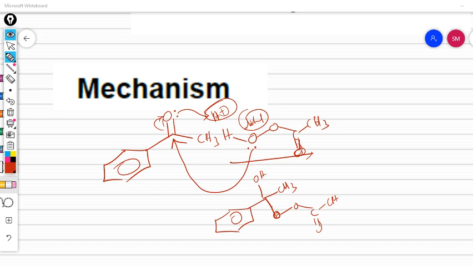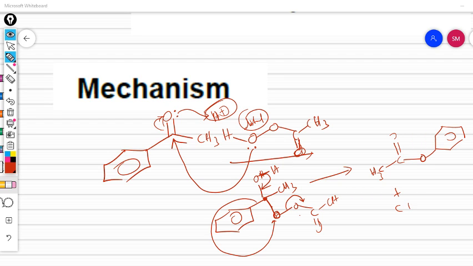Now, the group attached to the earlier carbonyl carbon will migrate onto the oxygen because of the stabilization process. Whichever alkyl group has more migrating tendency will migrate onto the oxygen, resulting in the formation of CH3, C double bond O, and this group migrated to oxygen.